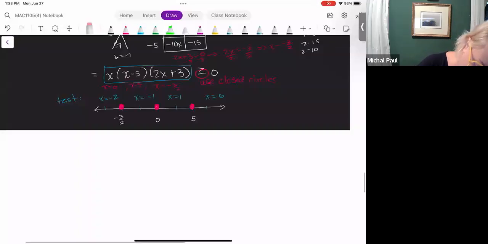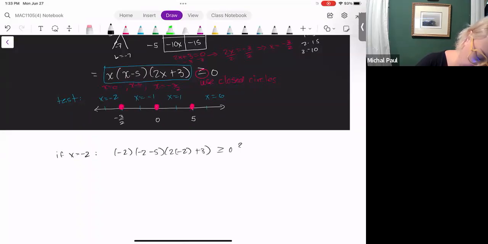So for my test point, I get negative 2, then negative 2 minus 5, and 2 times negative 2 plus 3. And I want to see, is it greater than or equal to 0?